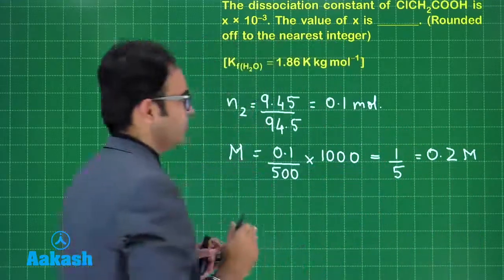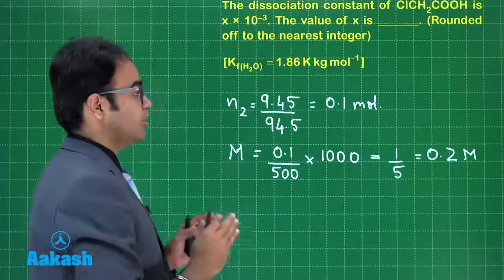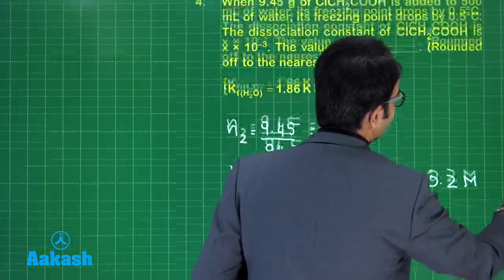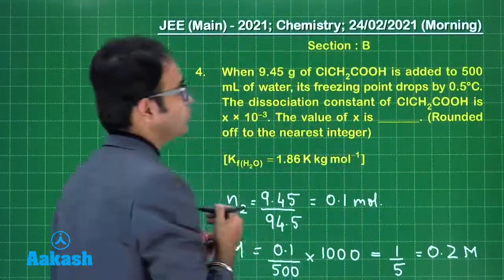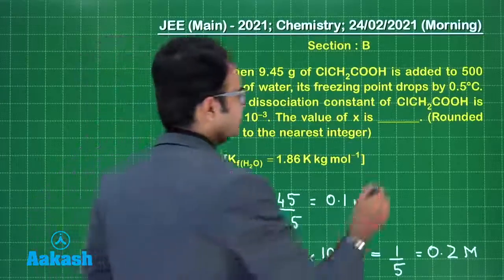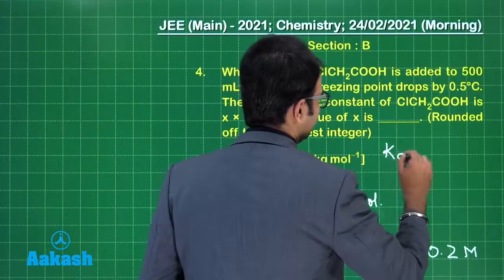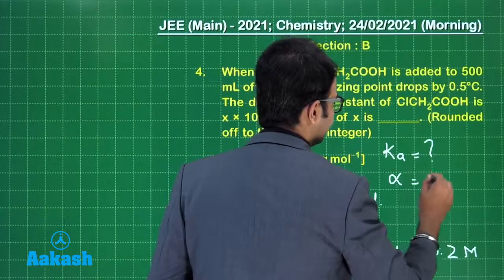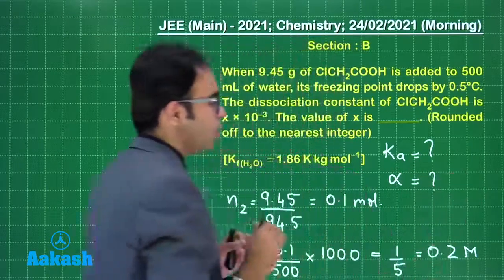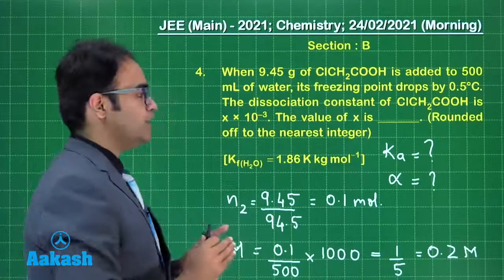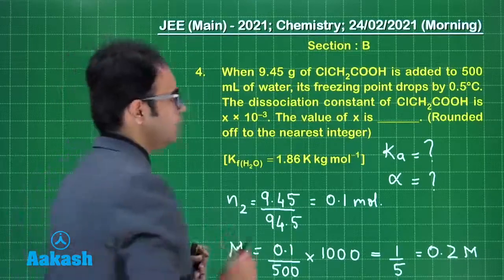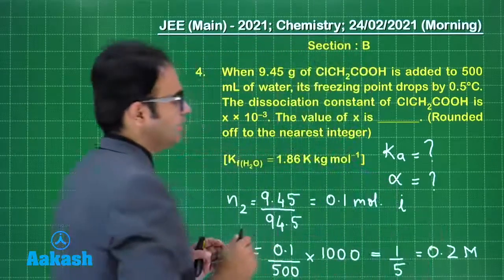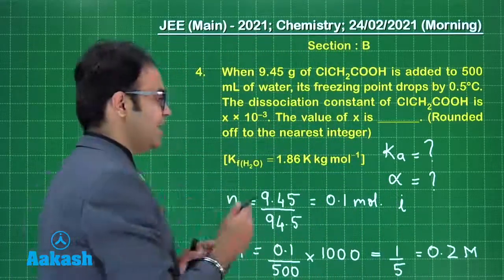Okay. So we have got the number of moles, we have got the concentration. We want to calculate the value of dissociation constant, that is Ka. For Ka, we need the value of alpha, right? And for alpha, we need the value of i, right? So what will be the value of i over here? Okay, so we know the relation between alpha and i.